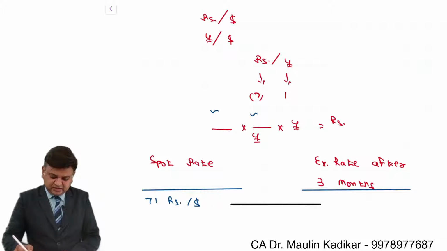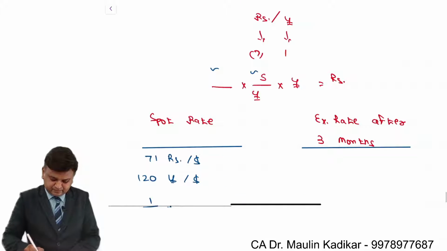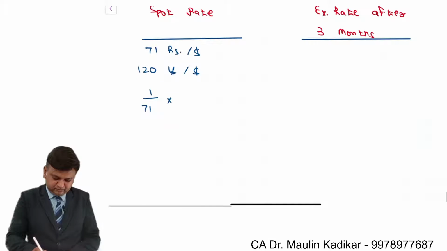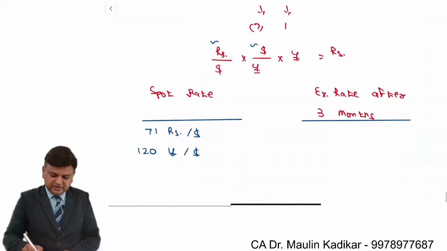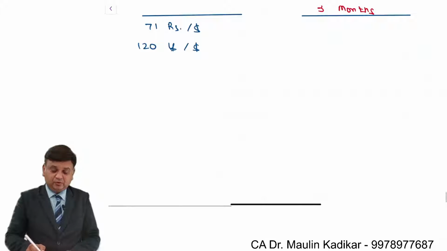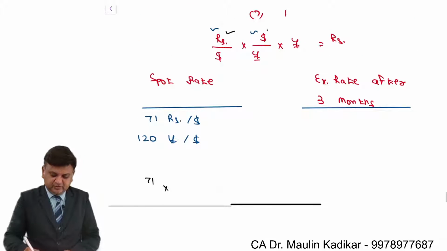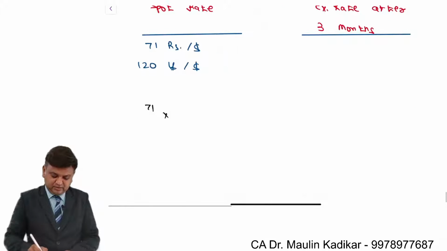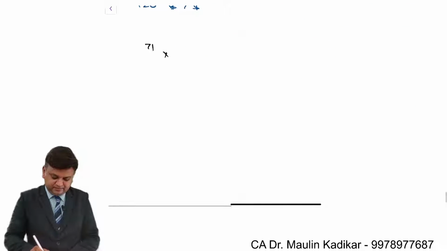Against yen, dollar is given, and against dollar, rupee is given. I want rupees per dollar, the same is given, so we don't have to change it. I want a dollar per yen, but yen per dollar is given.